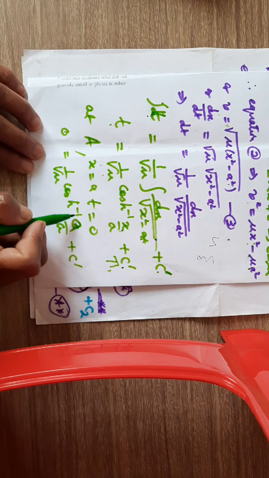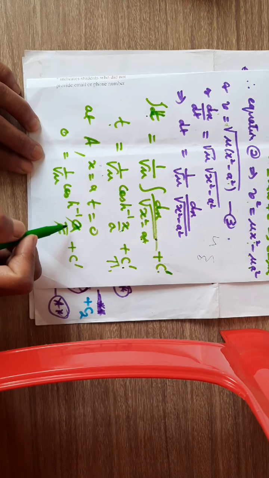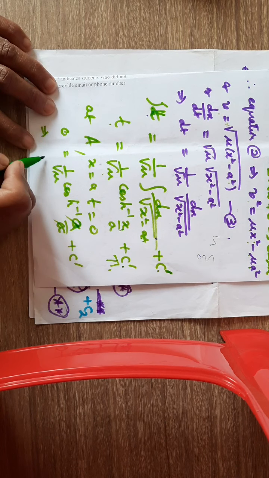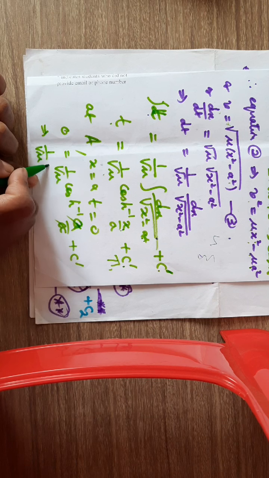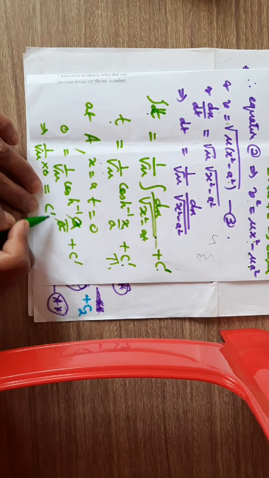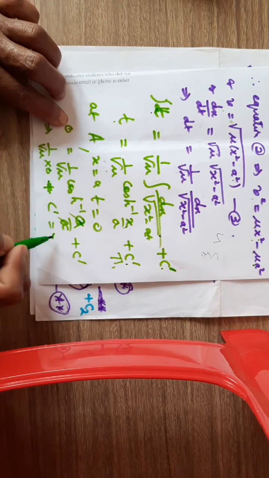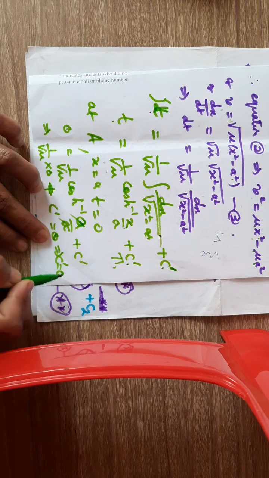So cos hyperbolic inverse of a by a, you'll get cos hyperbolic inverse of 1. But what is cos hyperbolic inverse of 1? It is 0. So you'll get 1 by root mu into 0 plus c prime is equal to 0. So you'll get the value of c prime also. c prime is equal to 0.